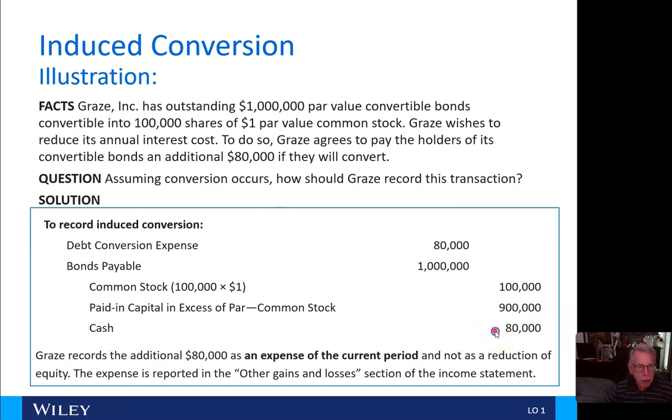And the cash we're going to spend is going to be $80,000 to pay off the sweetener. So you can see that Grays is going to record that additional $80,000 as an expense in the current period and not as a reduction of equity. The expense is reported in other gains and losses section of the income statement.